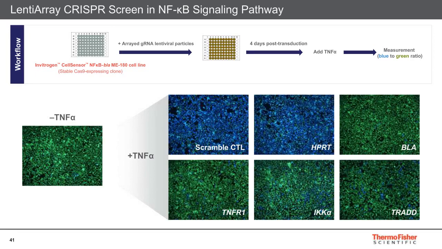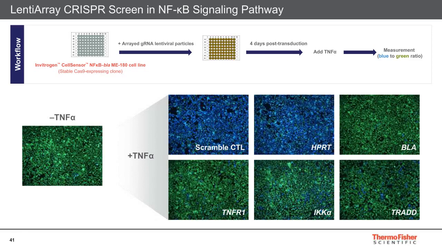Shown below here are the images from the control samples. With scrambled and HPRT, which are negative controls, you see that the pathway is active. And when we treat the cells with guide RNA targeting BLA, which is a technical control, if you knock out the reporter, you should not see any signaling or activation of the pathway.